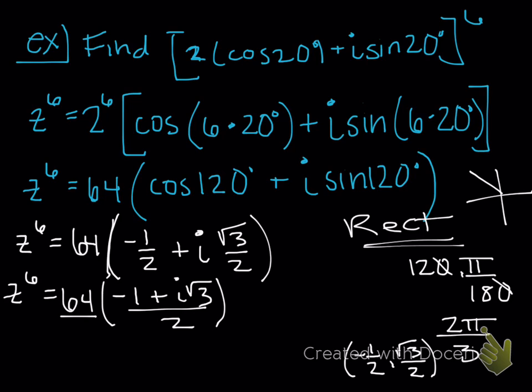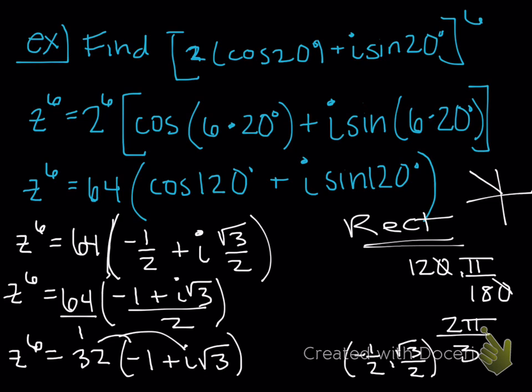Again, the 64 is like a 64 over 1. So when I take 64 divided by 2 here, it will become 32 times negative 1 plus i root 3. And I would say the last thing that we can do is distribute this in. So our final answer is negative 32 plus 32i root 3.